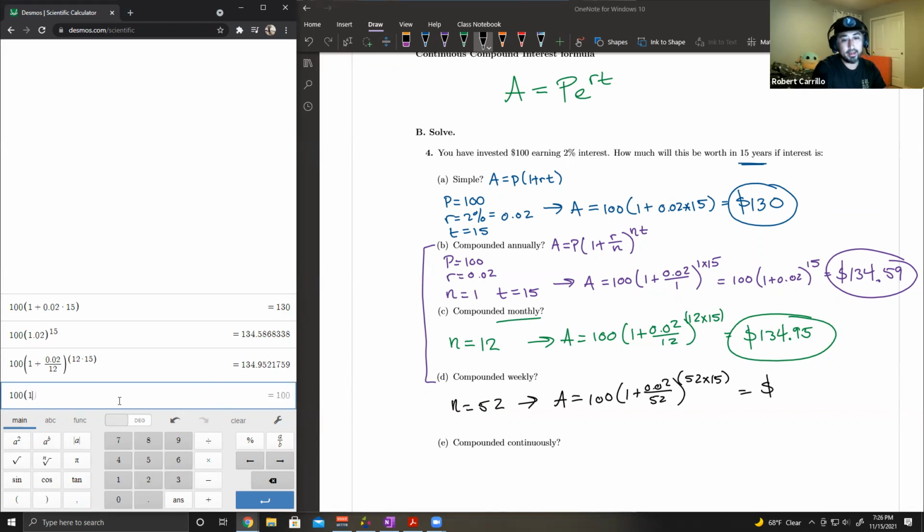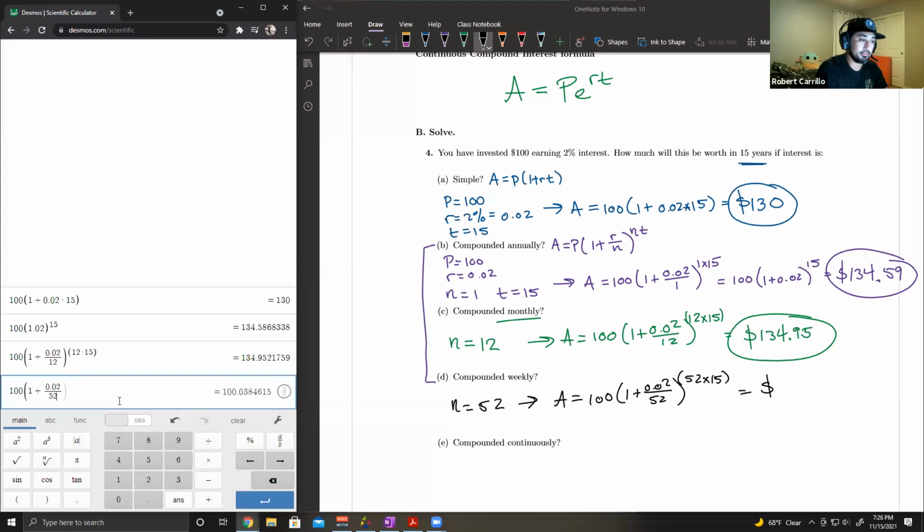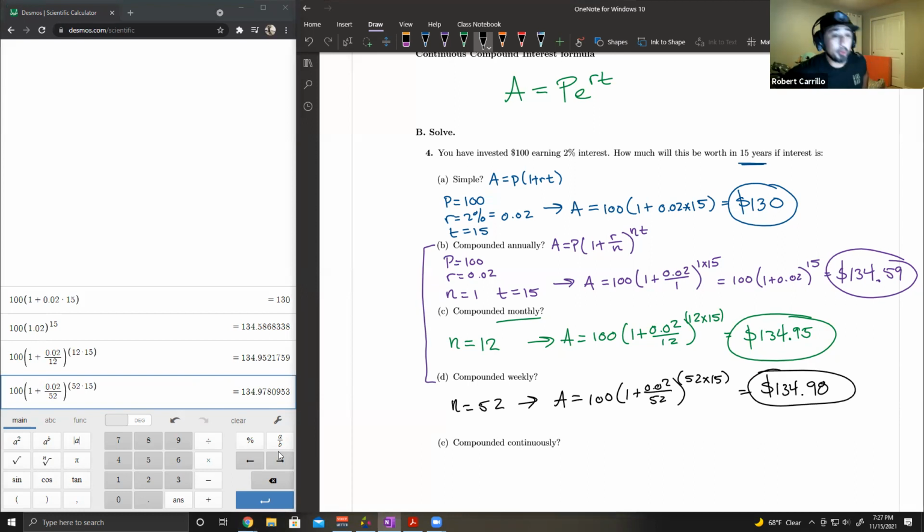Because now I want to make money every week. And let's see if that changes. It's not, but it'll be a small difference. 52 times 15. And look at that, guys. If we go to weekly, we'll make 134.98. 3 cents more than the last one.